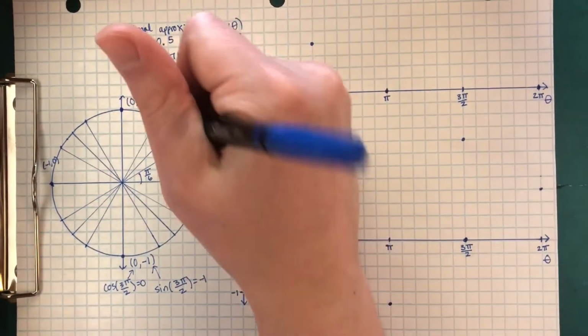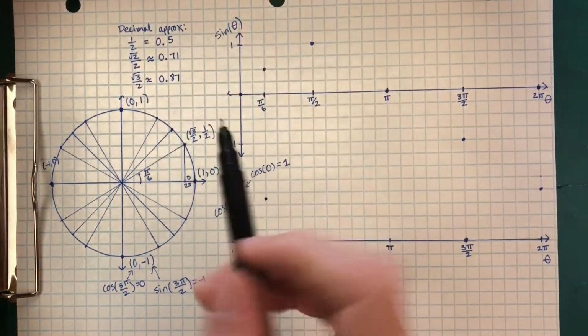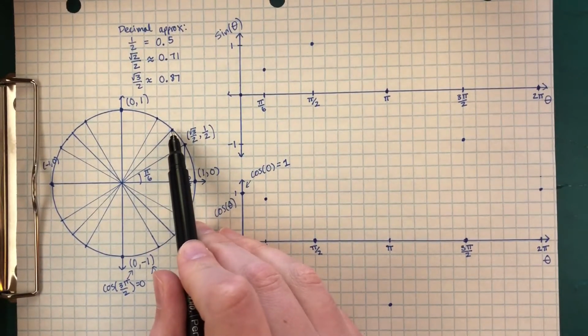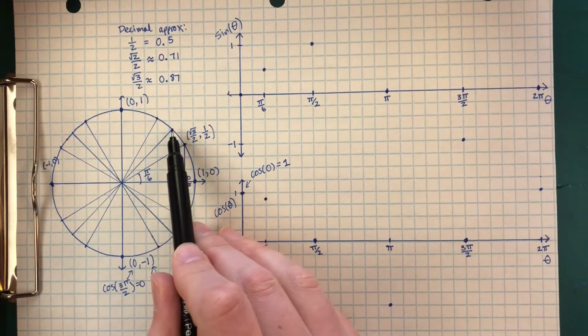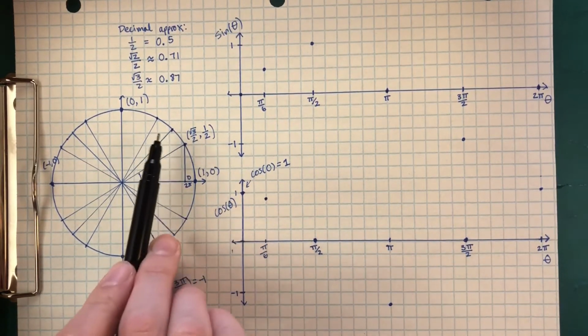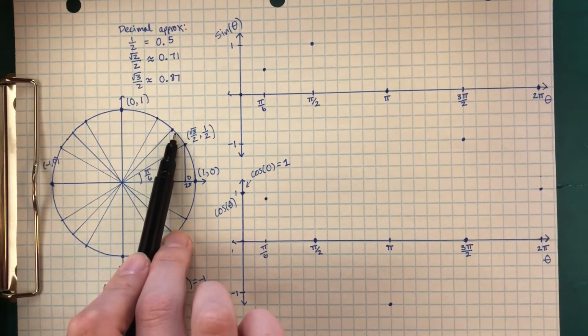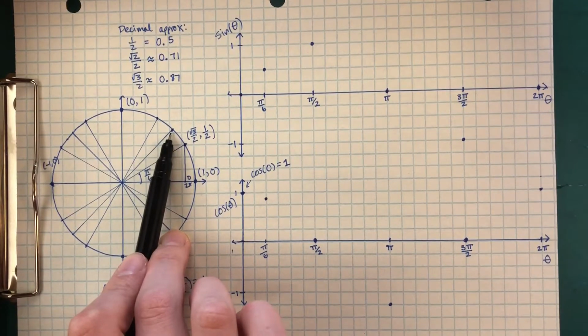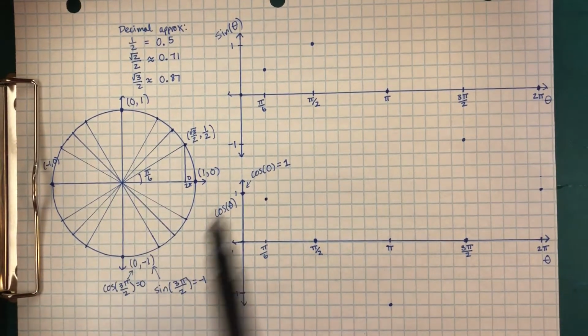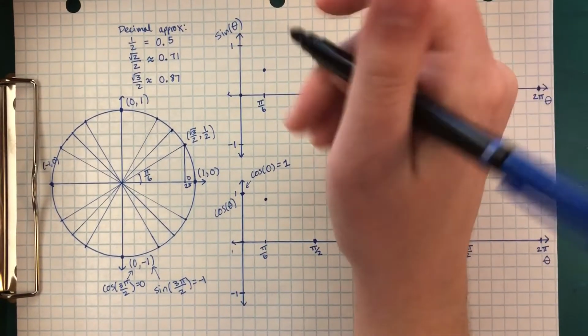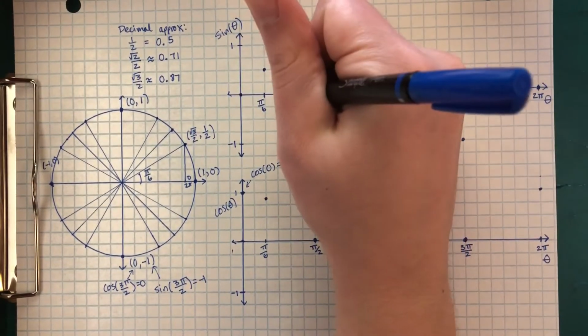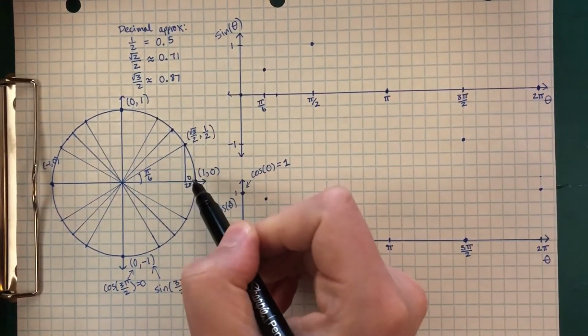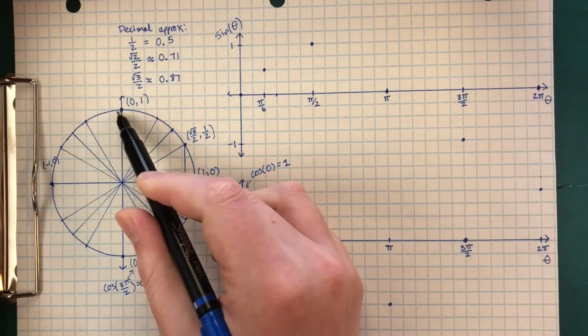Now let's think about this point. Think about what the angle of this point is in radians. This angle is pi over 4. It's halfway between 0 and pi over 2.